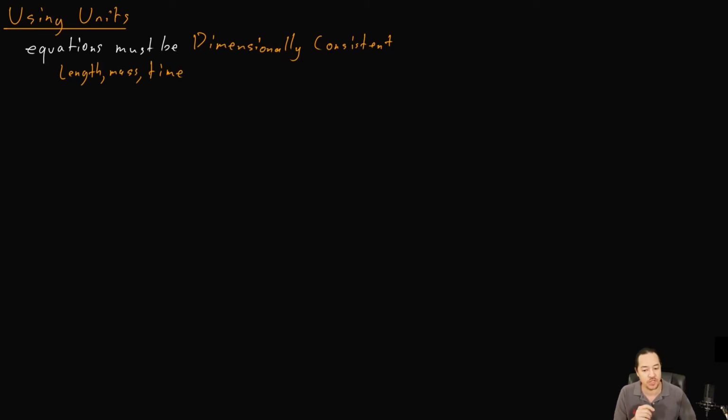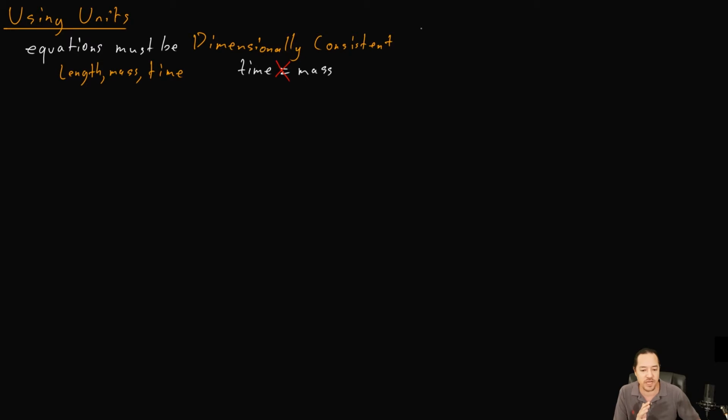For example, if one side is talking about time and the other side is talking about mass, that just doesn't work. You can't have 5 seconds somehow equal to some number of kilograms. The wrong dimension. So equations must be dimensionally consistent.